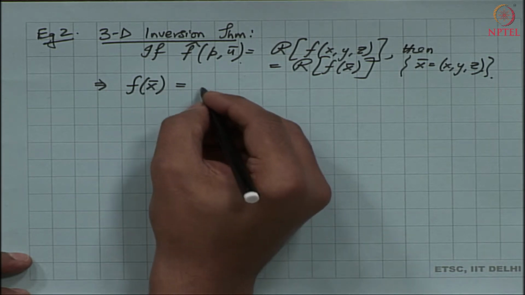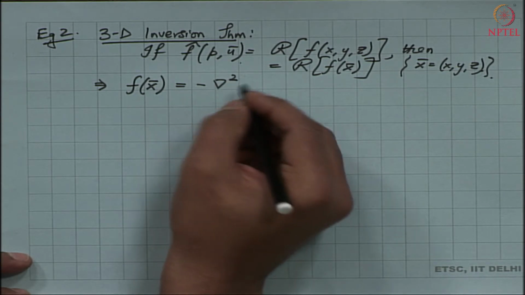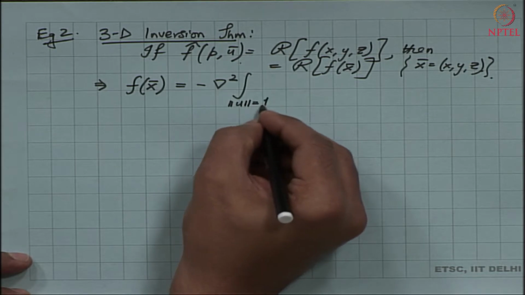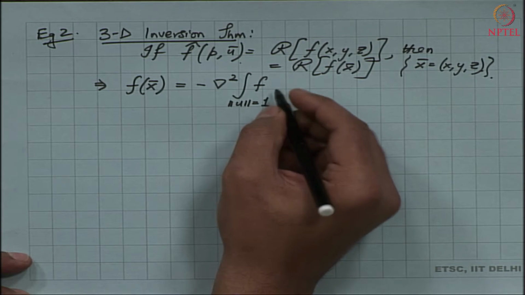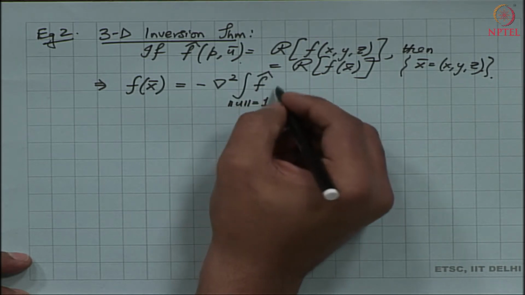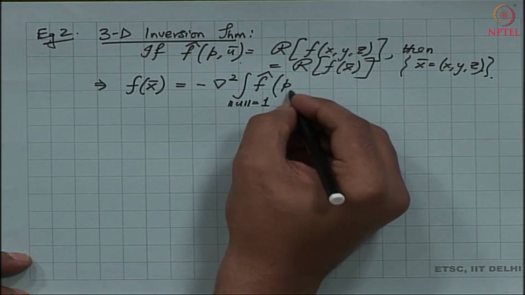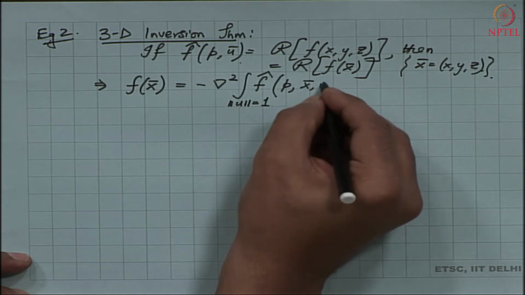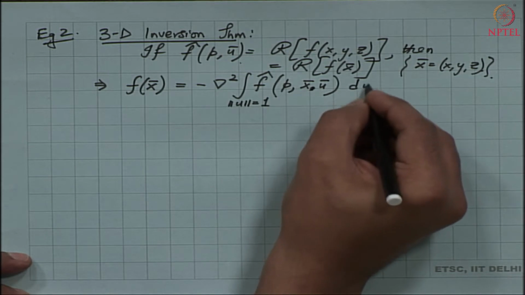well, the inverse Radon transform is defined to be the negative Laplacian, or the gradient squared, of the following integral, mod u equal to 1 of f hat, that is the Radon transform of the function, for the arguments p and u, du bar.